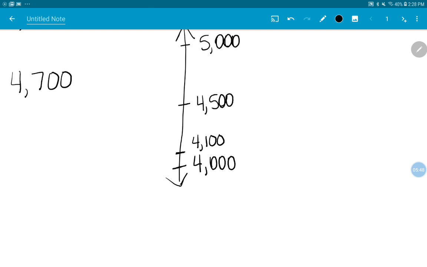Still 4,000. What's 1,000 more than 4,000? 5,000. So our high point is the same. What's halfway in between 4,000 and 5,000? 4,500. So put 4,700 onto your number line now.